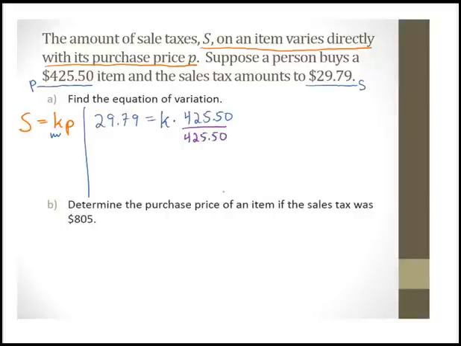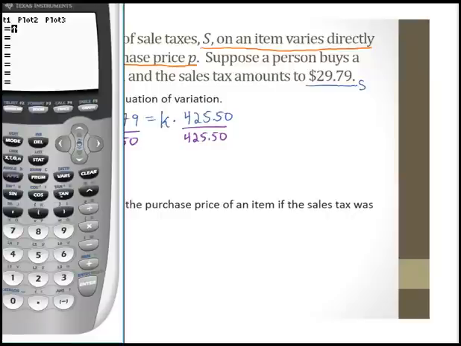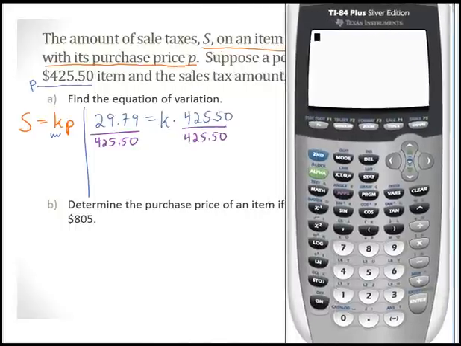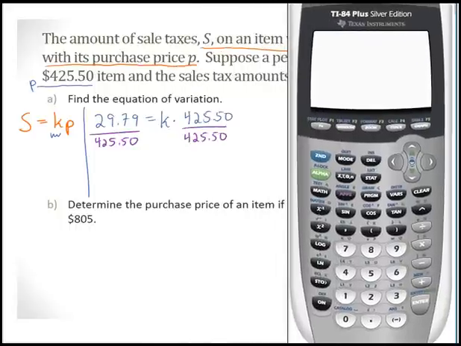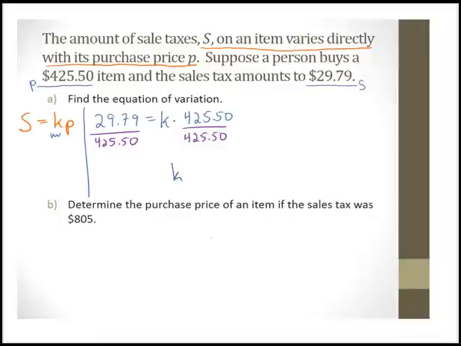I'm going to use a calculator for this. 29.79 divided by 425.50 gives us about 0.07. So let's say that K is 0.07. So that's a 7% sales tax.